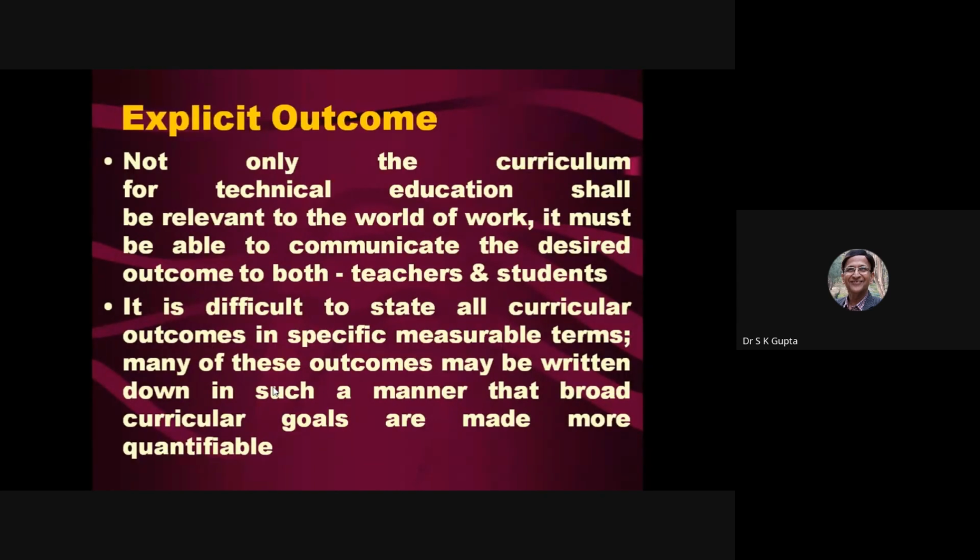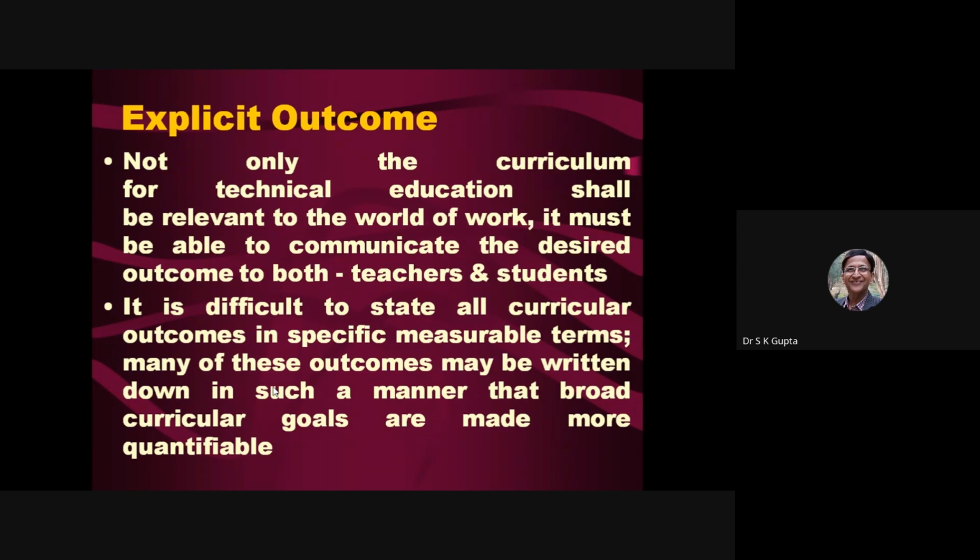We have some 35 to 40 subjects in the undergraduate program, and around 30 subjects in the diploma program, and in every subject we are trying to develop some competencies in the students, because every subject has some course outcome, that if I teach this subject, then they will be benefited like this.